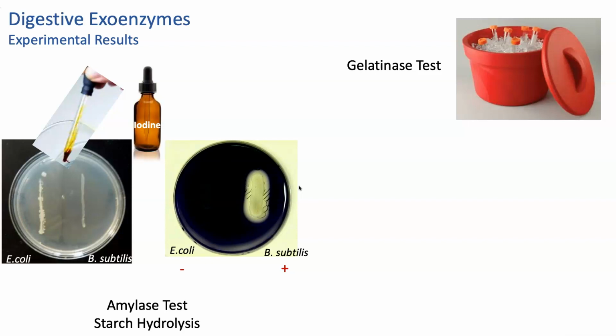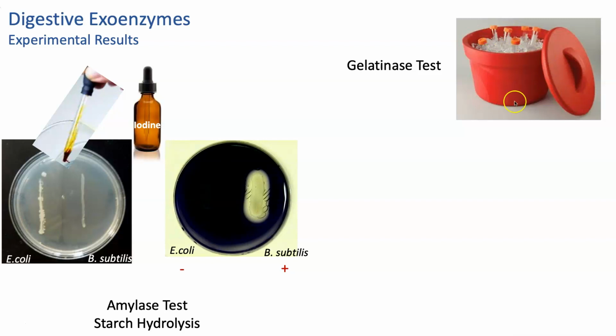Therefore, the first thing I do, after removing them from the incubation at 37 degrees, is put them in an ice bucket for about 20 minutes. If after 20 minutes my media remains liquid, then I can say that it is positive for gelatinase. However, if after 20 minutes my media solidifies, that means that it is negative for gelatinase.